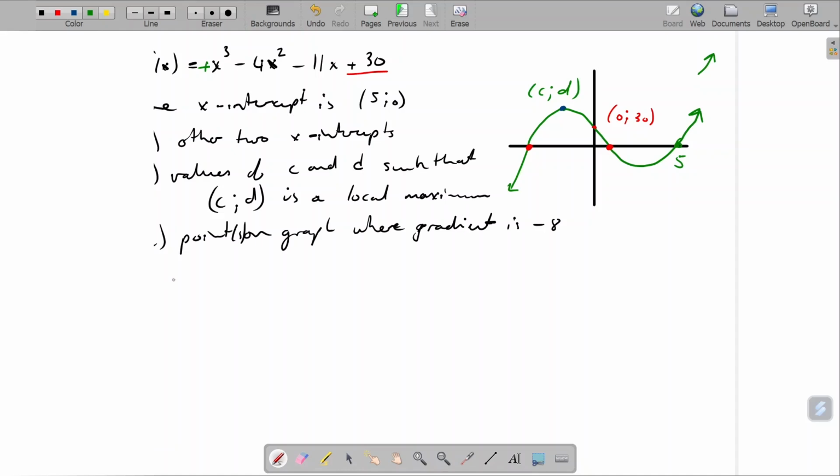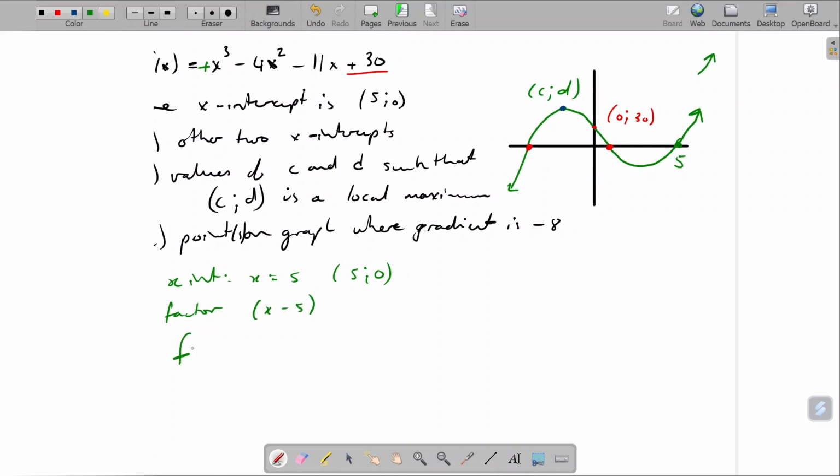Because we know that the one x-intercept is 5, we should also realize that therefore one of the factors is x minus 5.